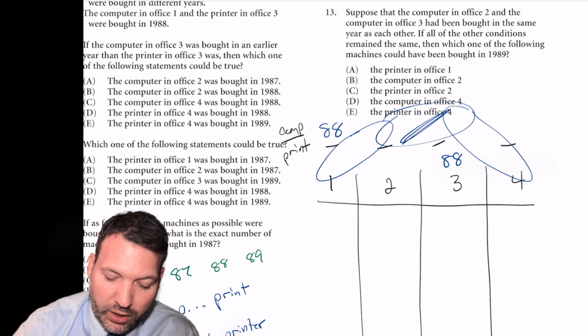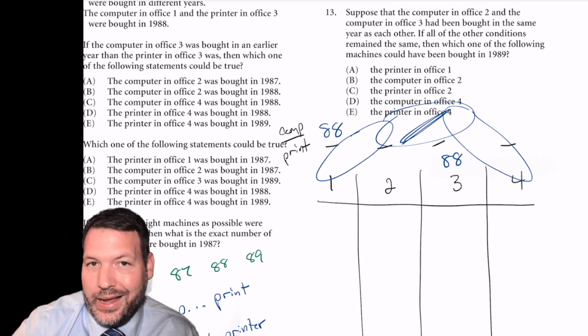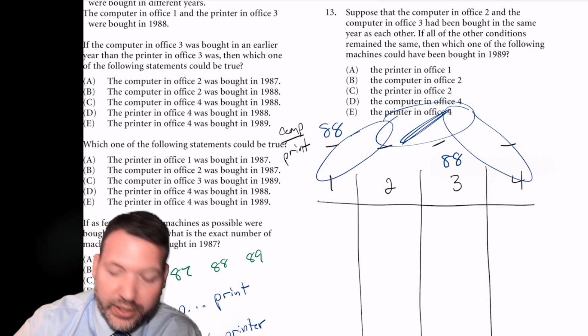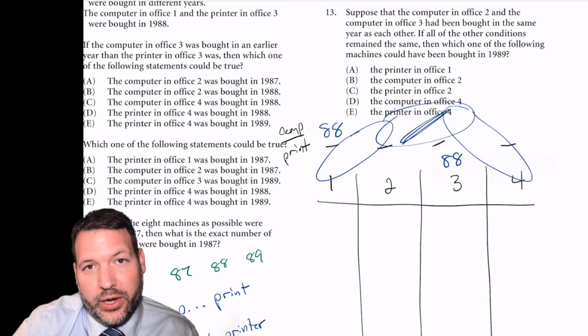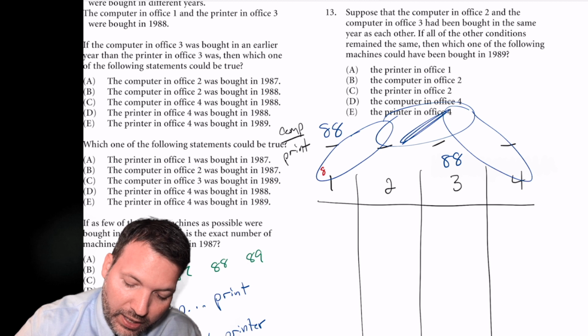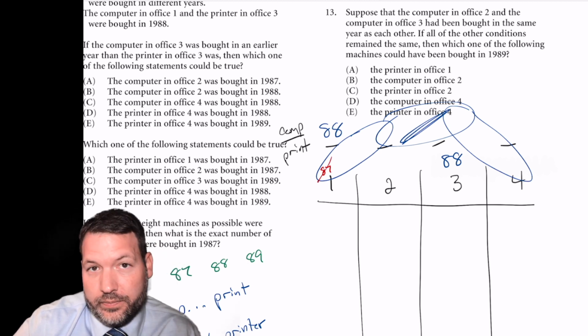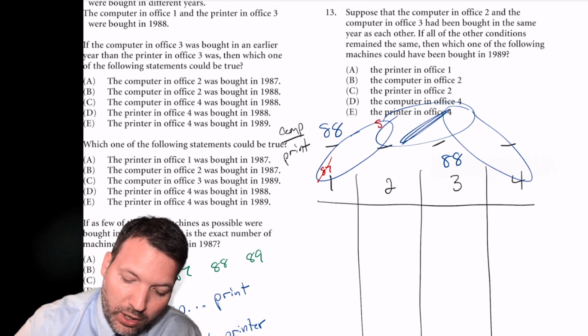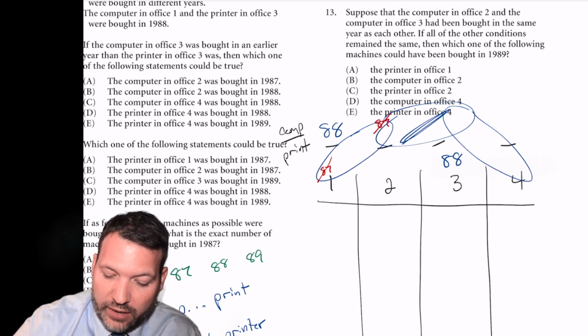For example, if the computer in Office 1 was bought in 88, we know that the printer in Office 1 could be that same year, 88, or a later year, 89. But no matter what, it cannot be 87. And since the computer in Office 2 always matches that, then this one also cannot be 87.